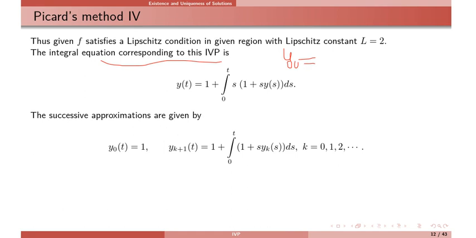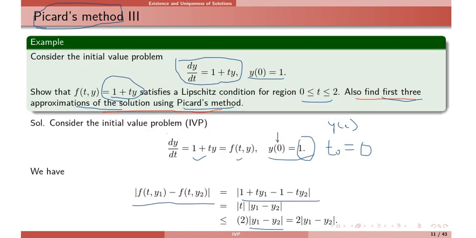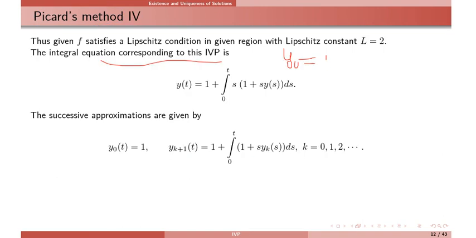What is y0? This is 1, y0 equal to 1. And what is the starting t0? t0 is 0. Okay, so then write the integral form of the differential equation. This is the integral form. y(t) equal to y0 which is 1, plus the integral from t0, which is 0, to t.